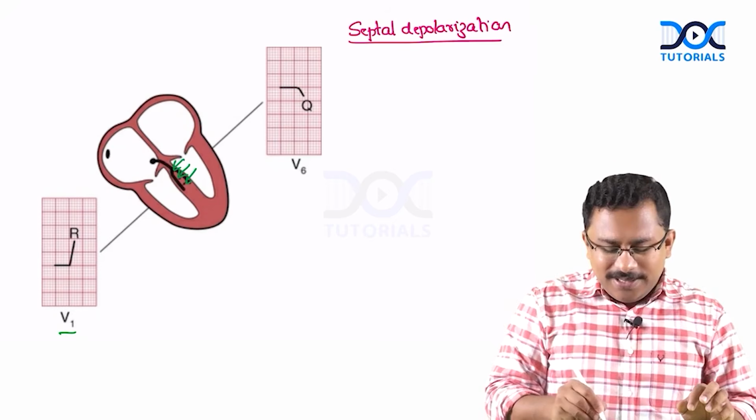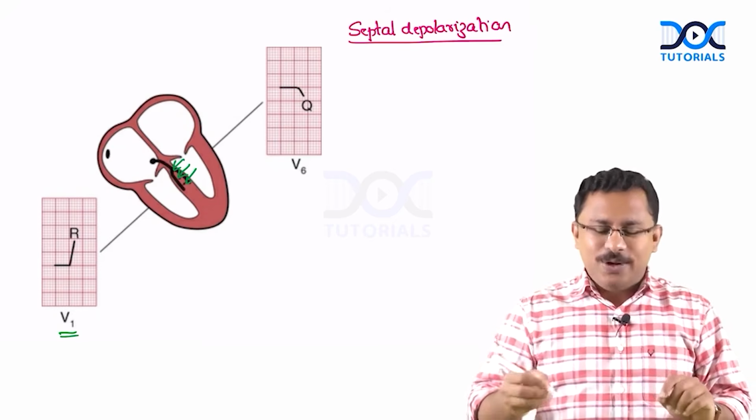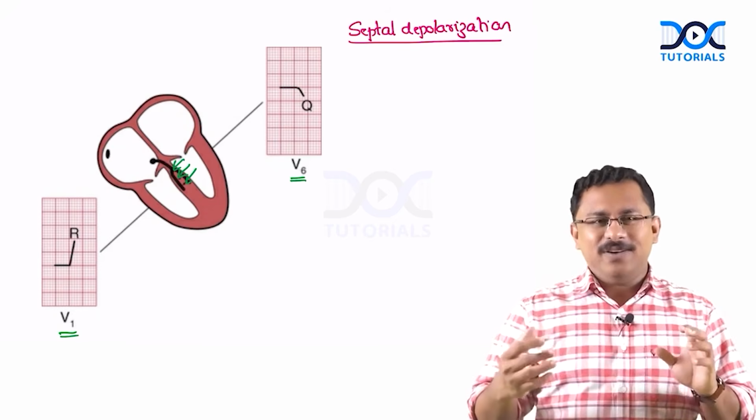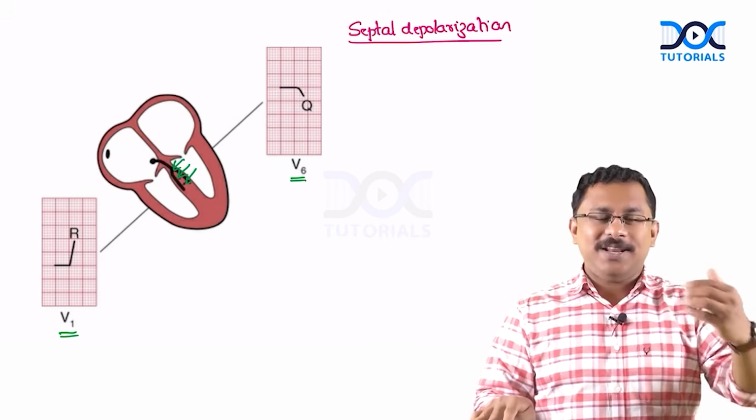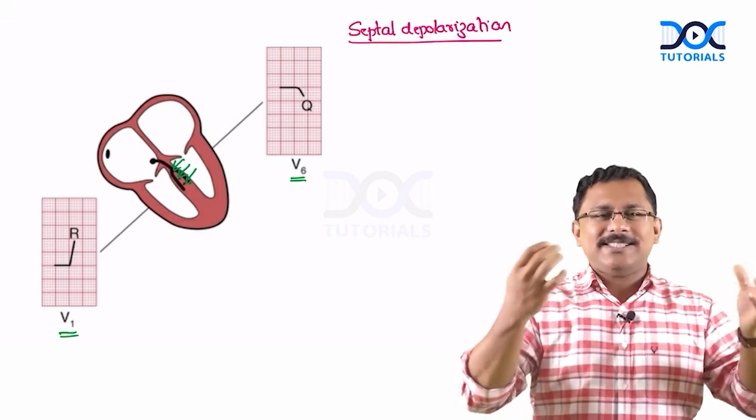And you have a look at the cameramen. Remember, I told you about the cameramen V1 and V6. I have already shown you in the previous slide how the various precordial leads are arranged. So when there is a septal depolarization, remember the direction of the net vector is towards V1.